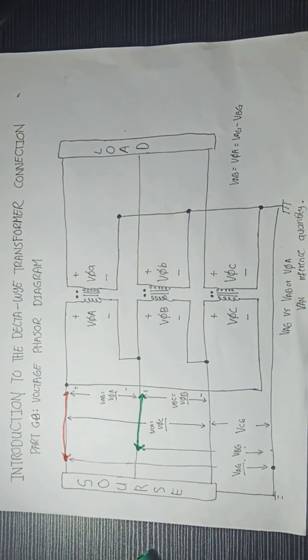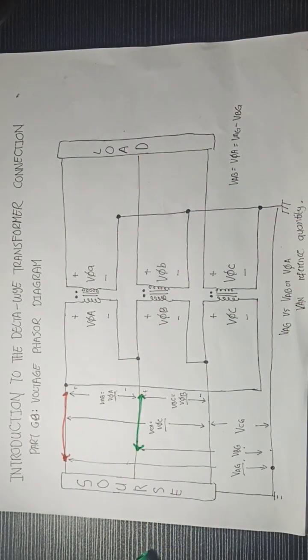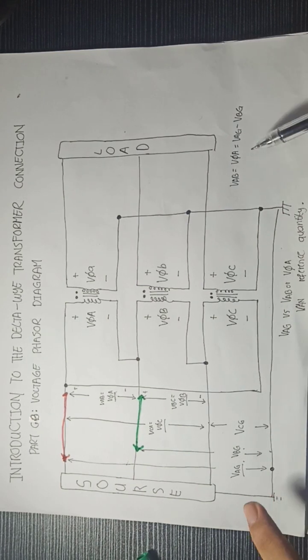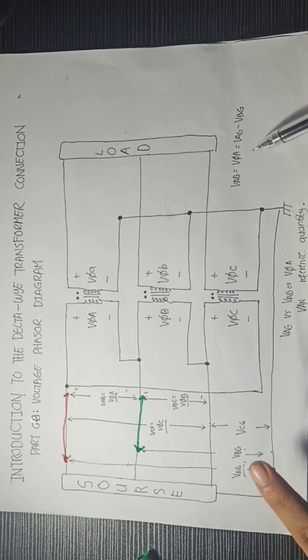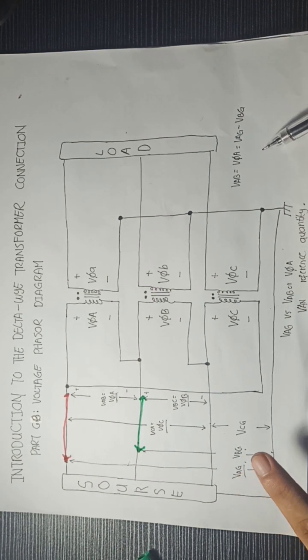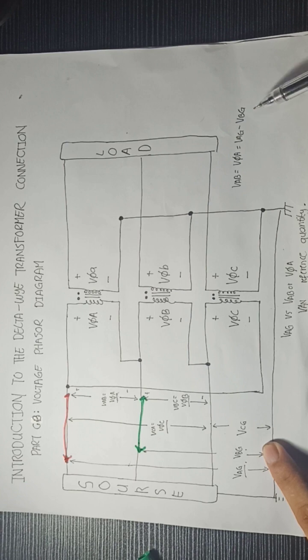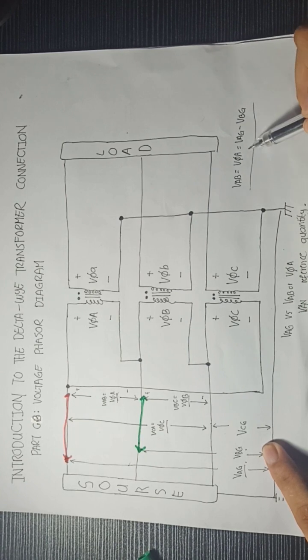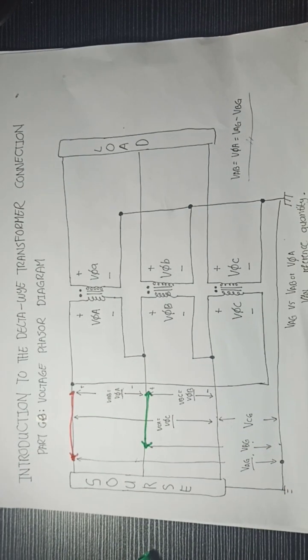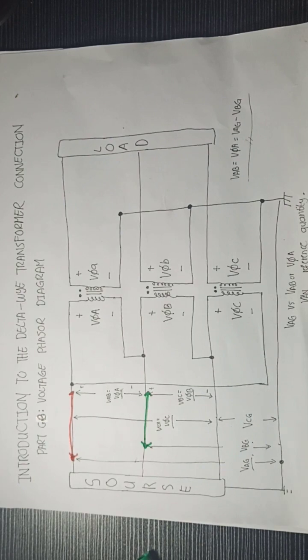So the voltage across line A and line B is essentially equal to the voltage across line A and ground minus the voltage across line B to ground. Next, let's evaluate these equations.